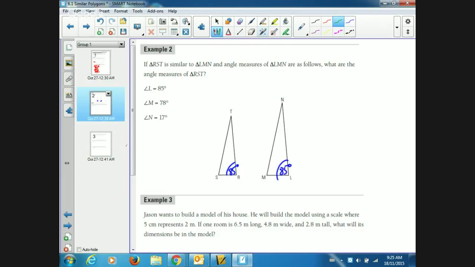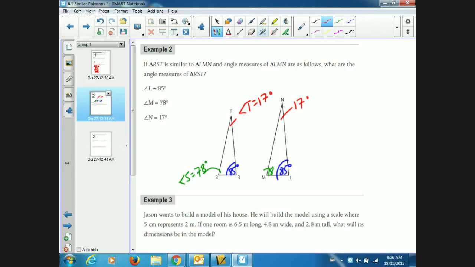Angle M is 78, so angle S equals 78 degrees. Lastly, angle N, 17 degrees. So in the other diagram, angle T will be 17 degrees.